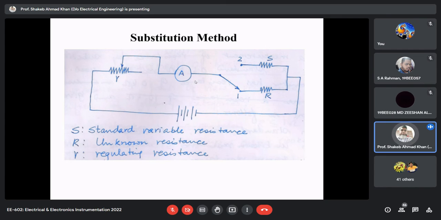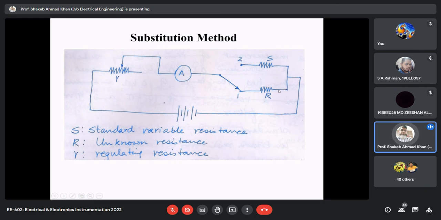So method is very simple. Here in this case, this is a very simple circuit. You can see that in this case we are using a standard resistance. Standard resistance, its value is very accurately known, and standard resistances are very costly also. Means we know the value of this resistance very accurately.